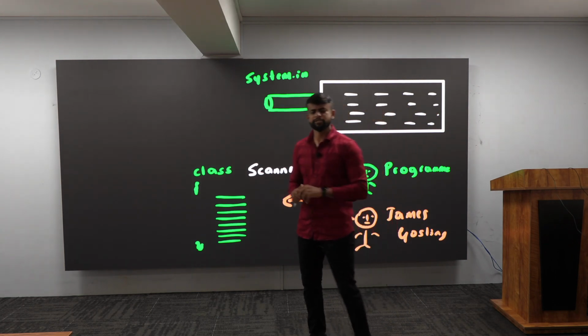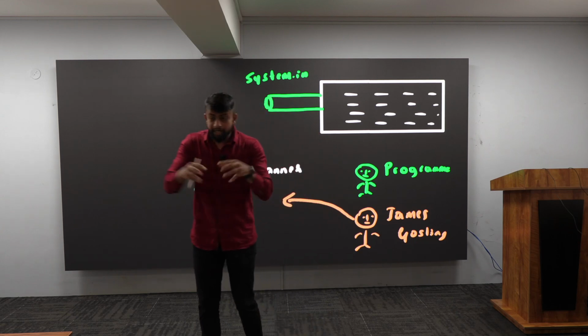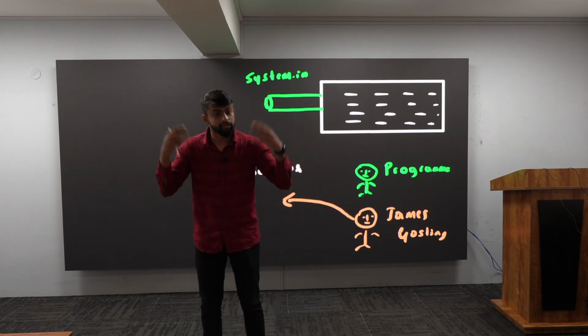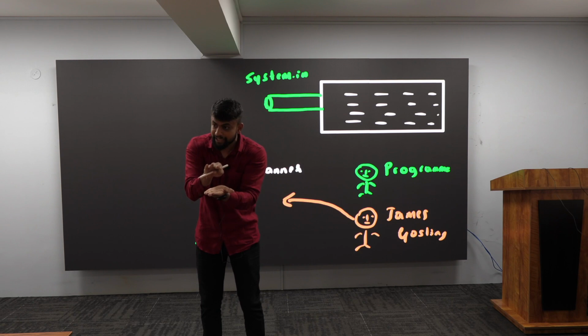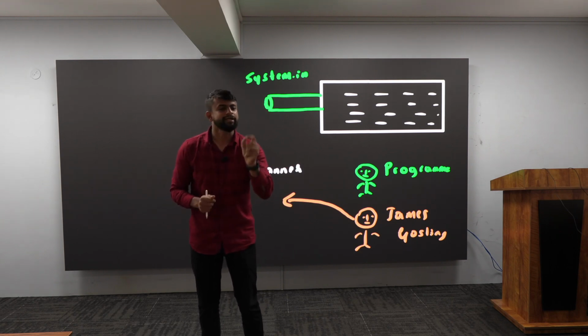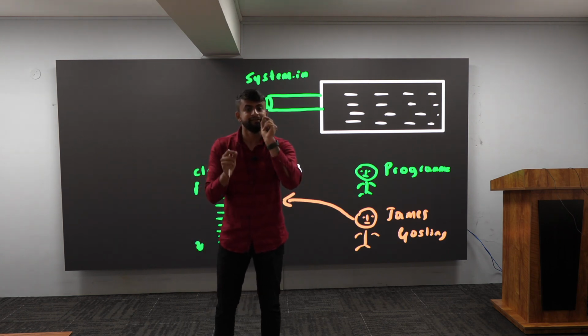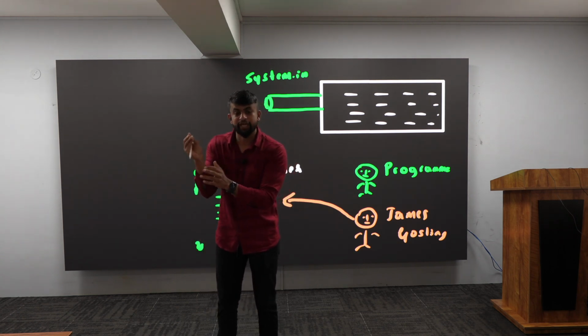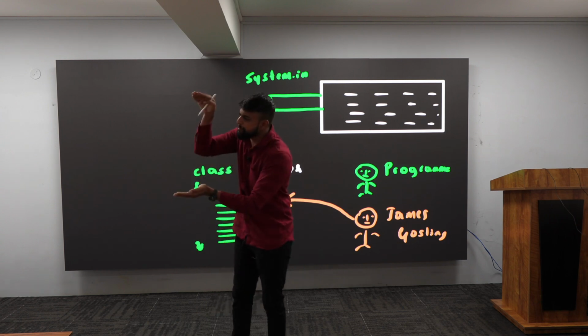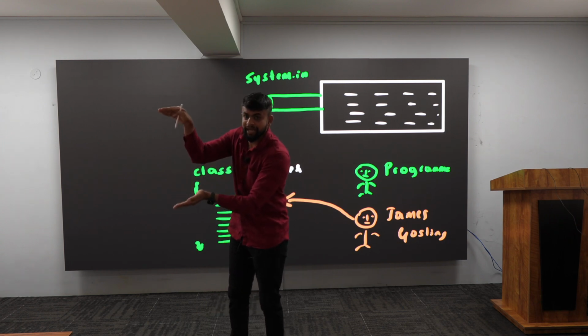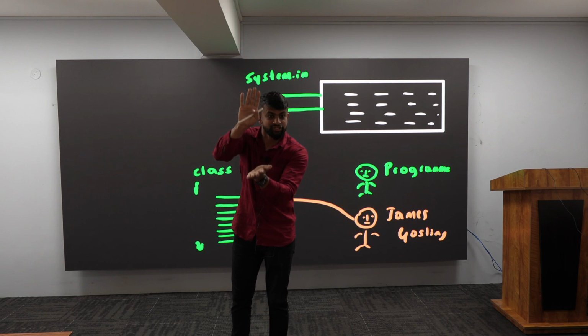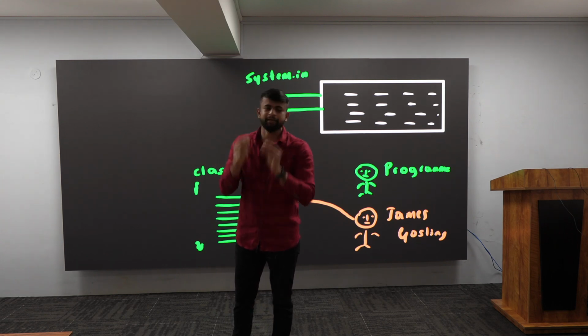Now you'll ask me, sir, in Java, is it not only scanner, has someone created many classes and kept them? Yes. You can create a dog class, a table class, a TV class. Like this, James Gosling has created many classes and inserted them inside Java. It is already there.